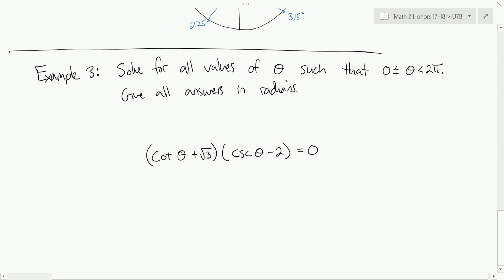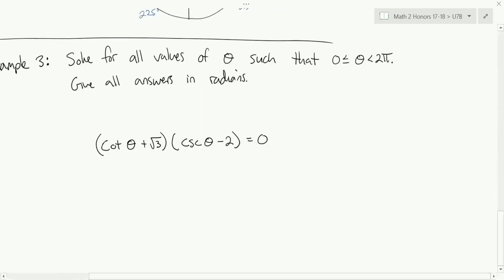So we have to find the angle that we can plug into both of these so that when we multiply them together, we get 0. Now, if you remember back to solving quadratics, we solved by factoring. If we had something like x plus 2 times x plus 1, already factored and equal to 0, do you remember how we solved for x?